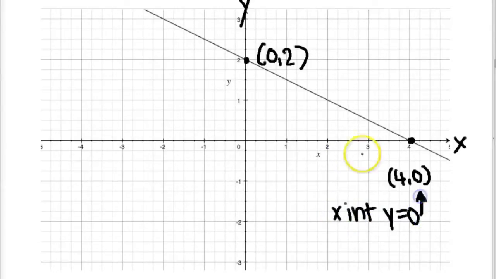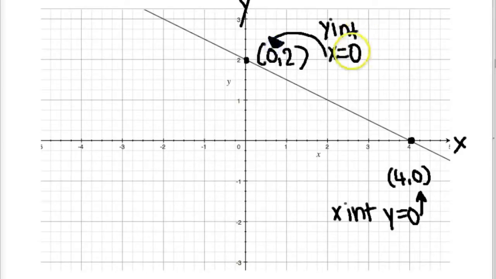right there, and y-intercept, x equals 0. That is always true. X equals 0 for all y-intercepts and y equals 0 for all x-intercepts. And this is because the x-intercept will always be somewhere on the x-axis, whether it be here, here, or wherever on the x-axis.